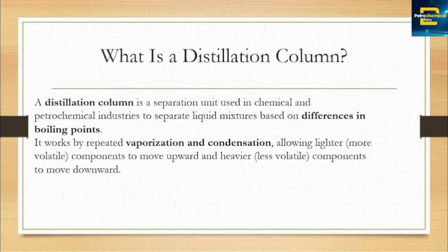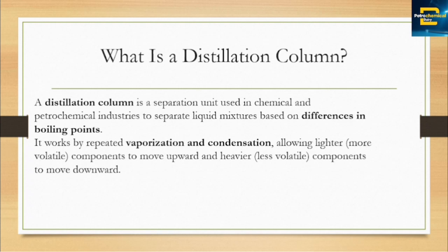The distillation column is used to separate crude oil into its components. So what is a distillation column? A distillation column is a separation unit used in the chemical and petrochemical industry to separate liquid mixtures based on differences in boiling point.